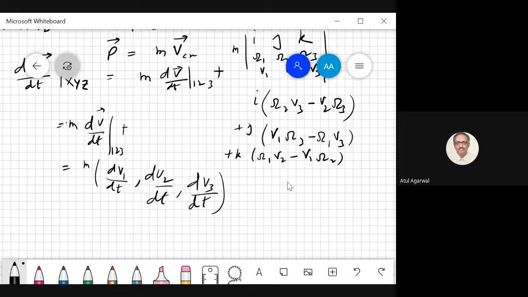The velocity vector is the same as v1, v2, v3. So I have taken this. Do you have any doubt about this?